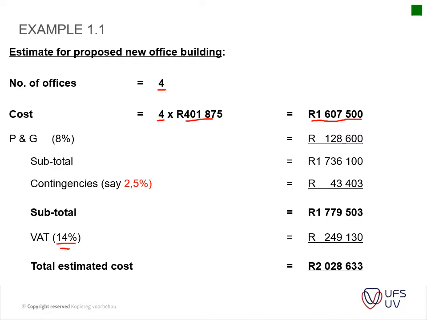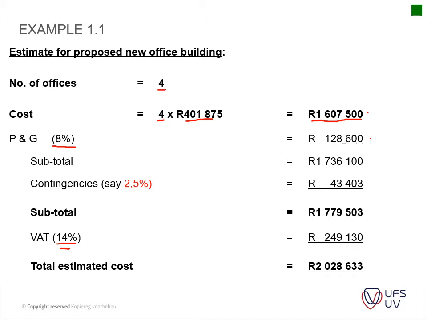Okay, so we've got our estimated calculation here of our new construction cost. We add 8% P's and G's to this. Usually we work on 10%, so this example has 8%. It's just to show you that it may change up and down. But usually if I do not provide it, or if you're in doubt, use 10%.